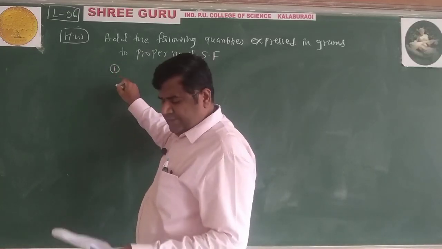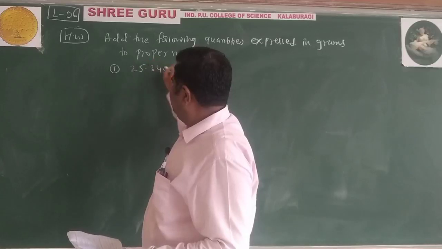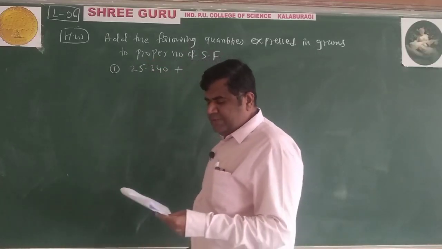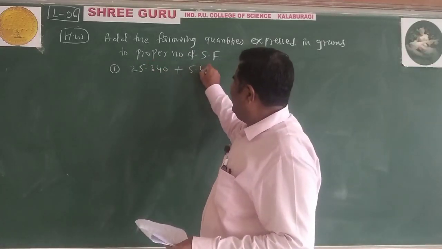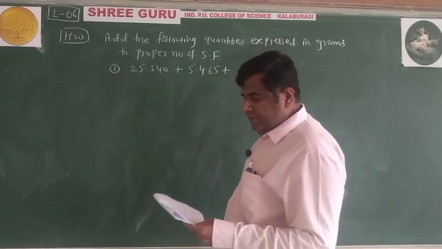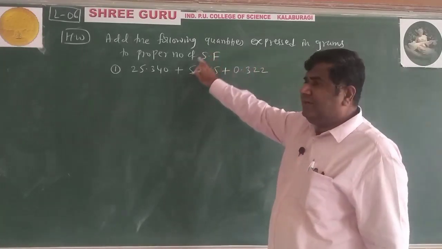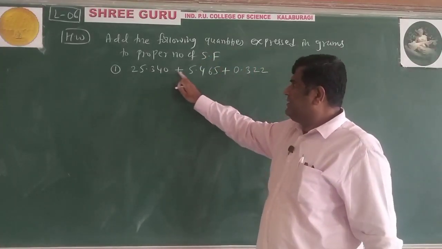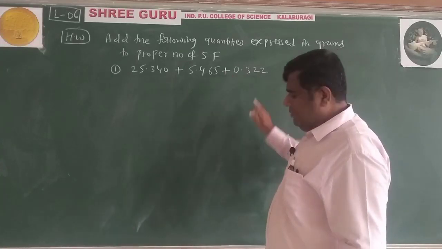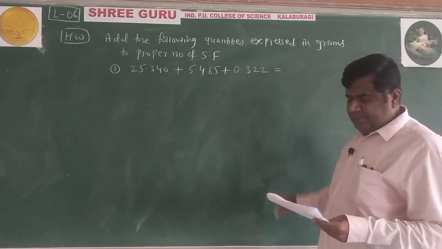The first is 25.340 plus 5.465 plus 0.322. When we add, the decimal places are 3, 3, 3, so the answer also should have 3 decimal places.